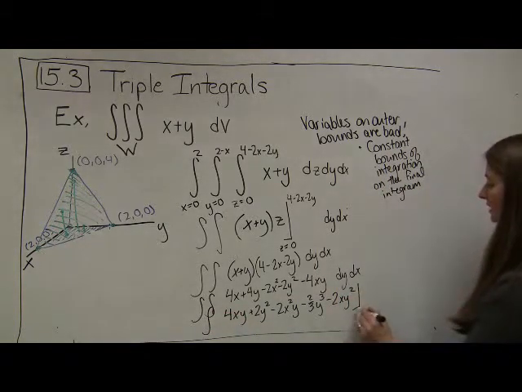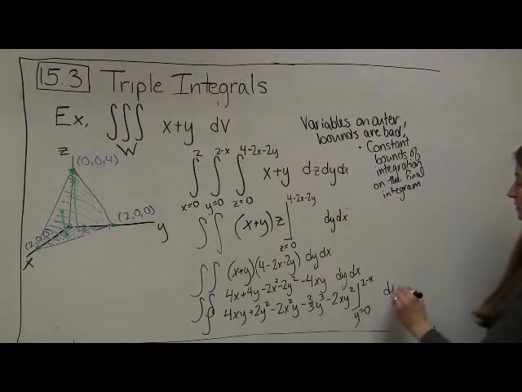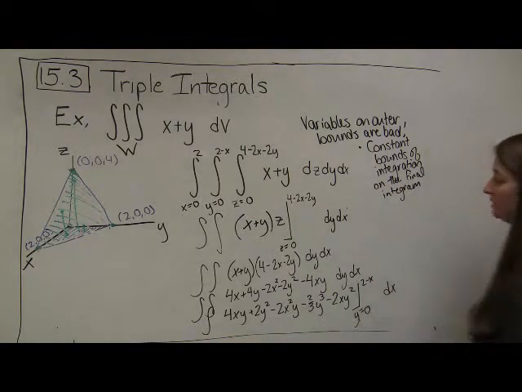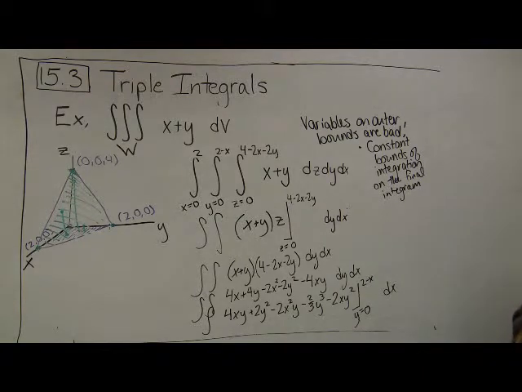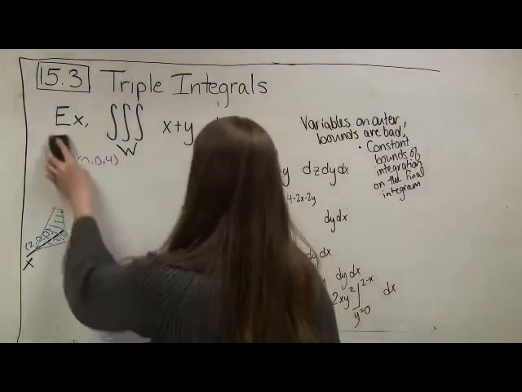I'm going to evaluate this as y goes from 0 to 2 minus x. And again, don't forget our outermost integral, which we still have to take with respect to x. From here, I guess I'll walk over this way.